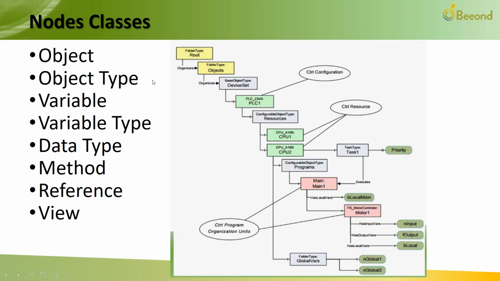You can see an example in that diagram, where you have objects based off of a folder type, and the folder type has the one characteristic of implementing a reference called Organizes, so it has the ability of grouping other objects, not unlike a folder in a file system.